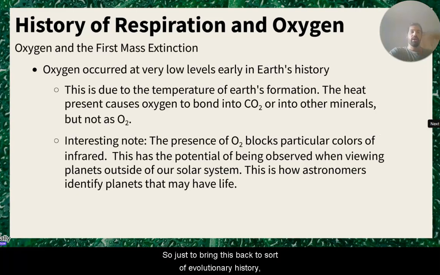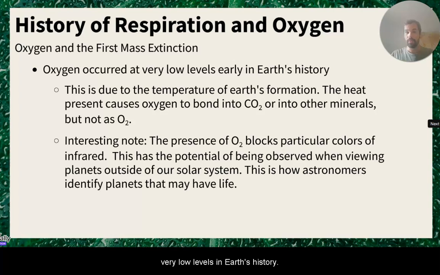So, just to bring this back to evolutionary history, the earliest stages of life, one thing worth noting is we can tell from the geologic record that oxygen was at very low levels in Earth's history. For much of the first couple billion years, there really wasn't much oxygen in the environment.